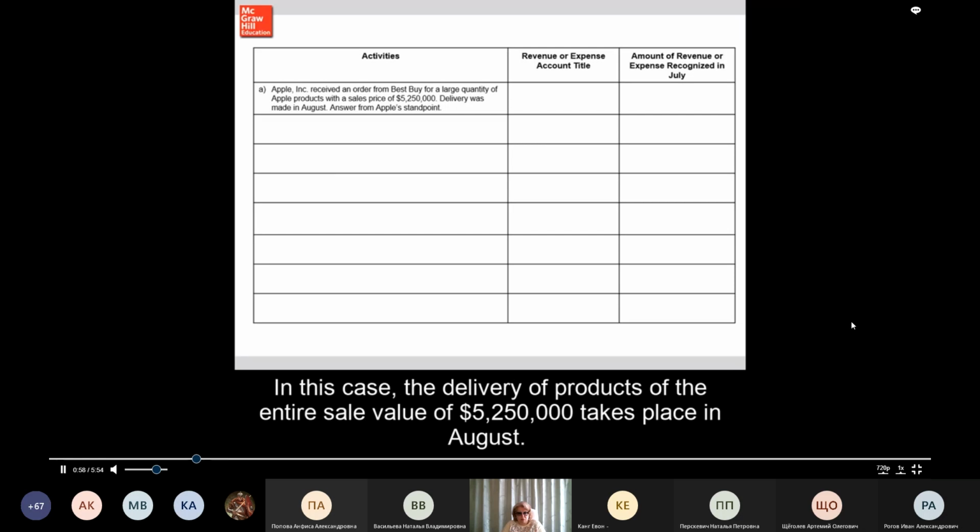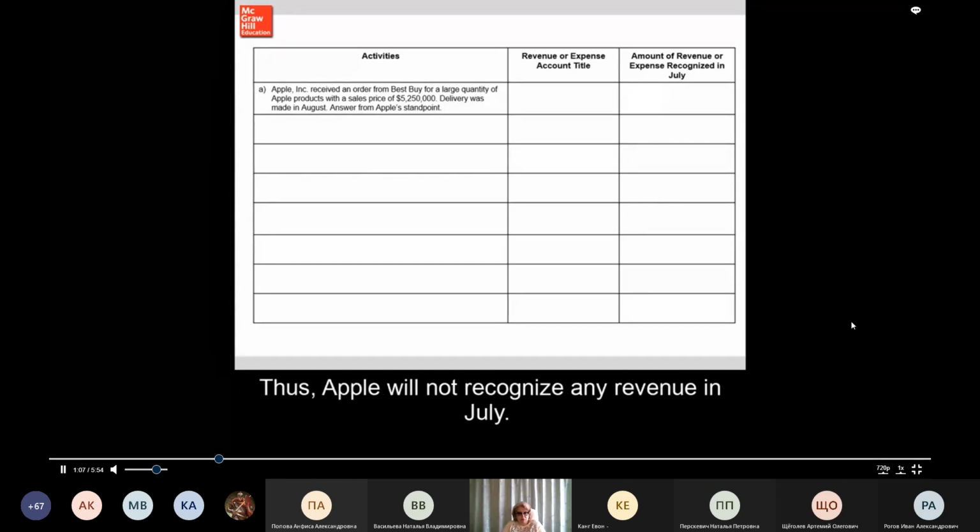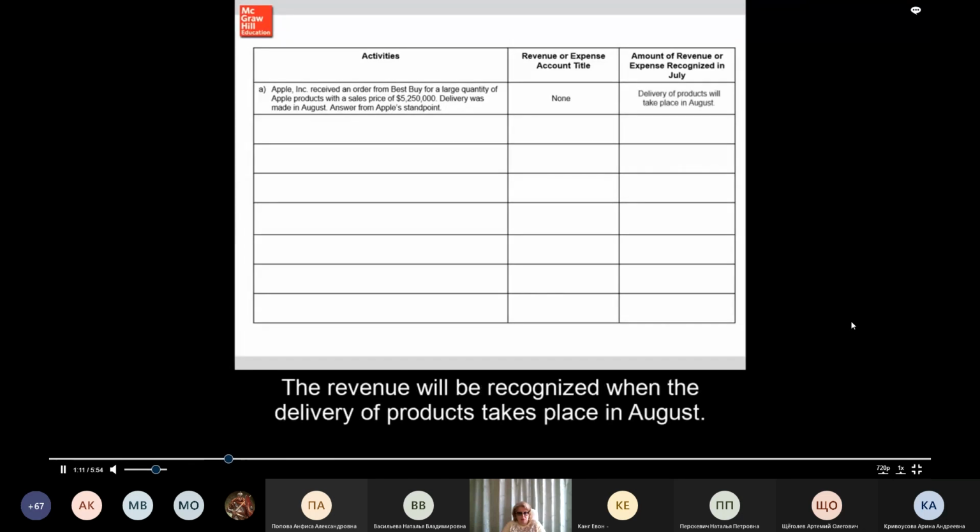In this case, the delivery of products of the entire sale value of $5,250,000 takes place in August. Thus, Apple will not recognize any revenue in July. The revenue will be recognized when the delivery of products takes place in August.